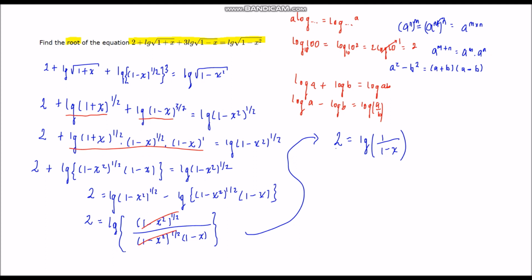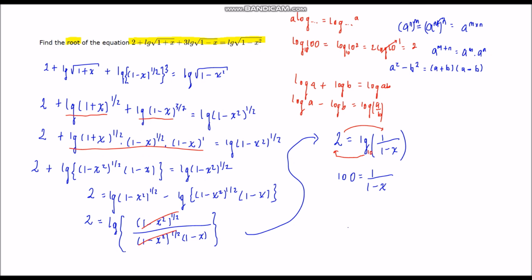So by definition, remember the snail rule, I like to think of it that way. The snail rule says this is base 10, right? So 10 power 2 is equal to this expression. So 10 power 2 is just 10 squared, just 100. 100 is equal to 1 over 1 minus x.